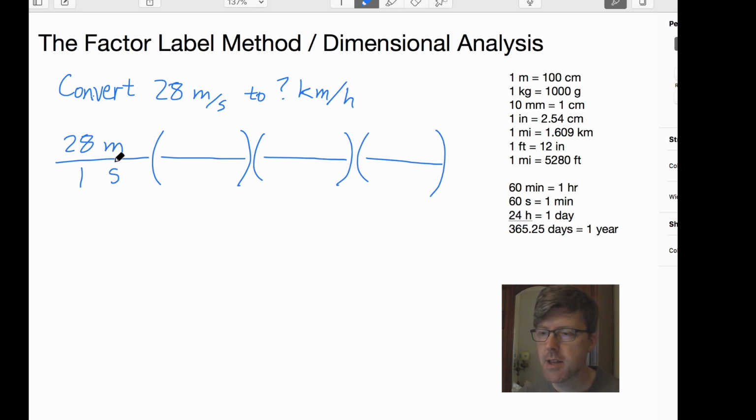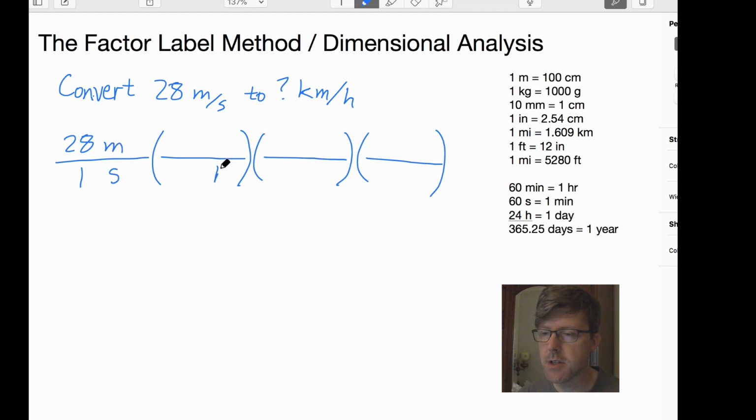So we have to cancel out this meter. Let's go ahead and start with the meters. We want to get to kilometers. I guess I didn't write that one in here, but we know that 1,000 meters is a kilometer because of that SI prefix kilo. So we're going to figure out where we need to put the meters so it cancels out. That's the first thing we do.